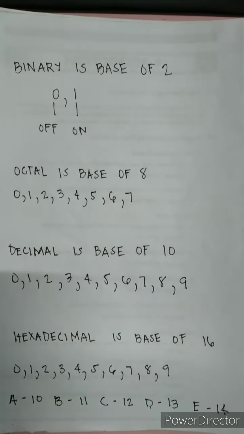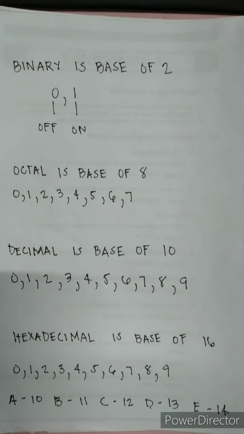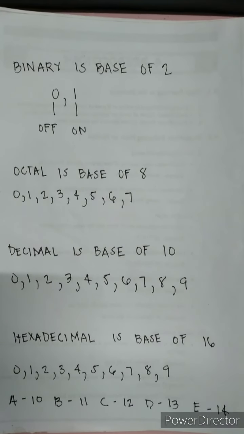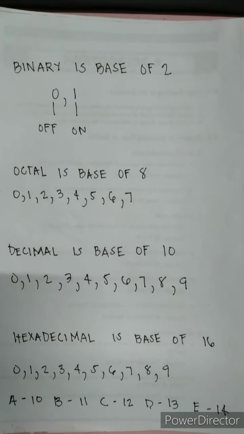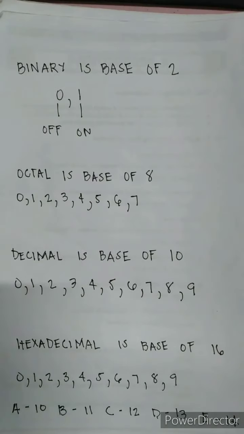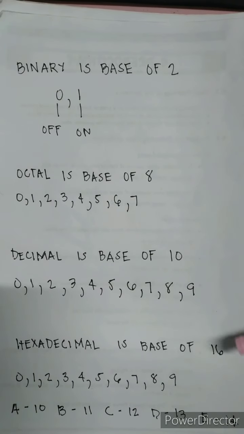And the next number system will be decimal. So decimal is based of 10. So that will be 0, 1, 2, 3, 4, 5, 6, 7, 8, and 9. Hexadecimal is based of 16.